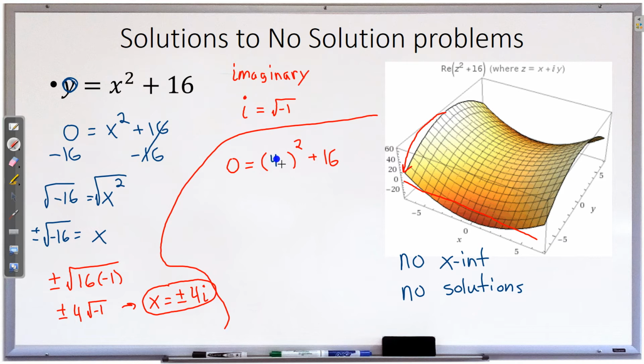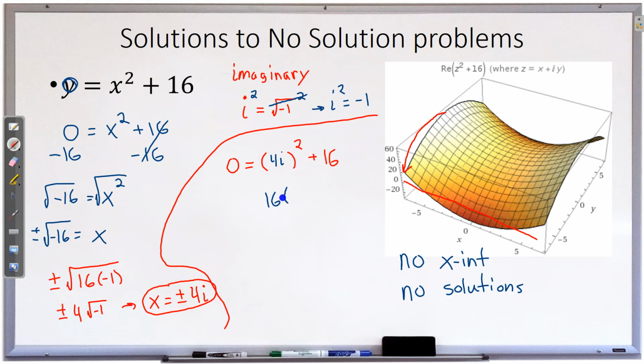So let's start with 4i. So 4 squared is 16. But what is i squared? Well, i squared would be the square root of negative 1 squared. And the square root and the square then cancel out. And so you're left with i squared being equal to negative 1.